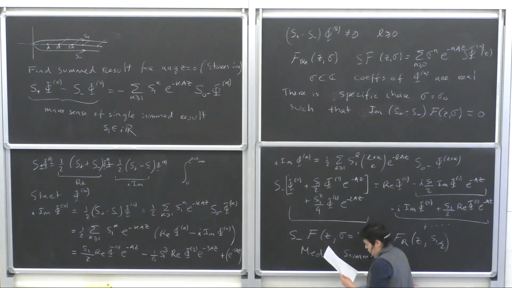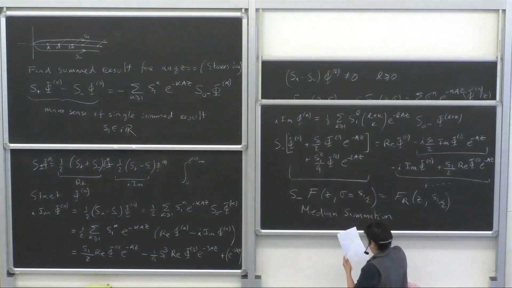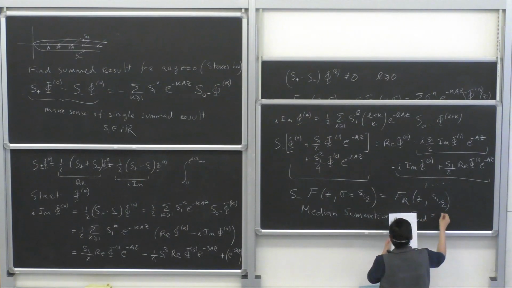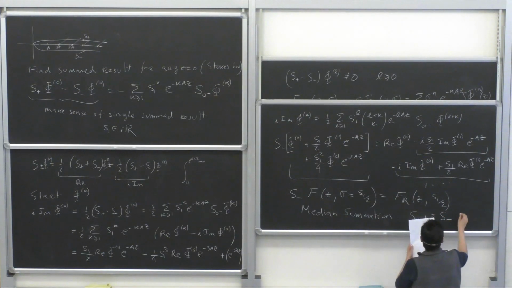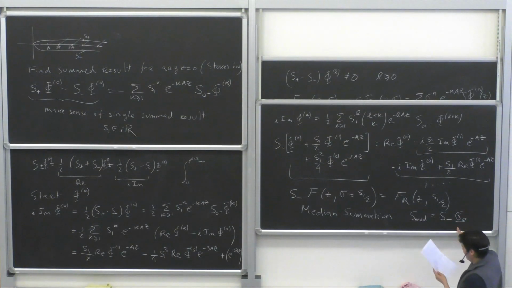And just to say that S medium is actually the same as choosing S minus of, we introduced the Stokes automorphism, by the way, of half the Stokes automorphism.